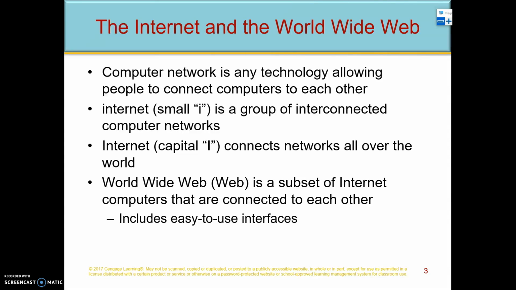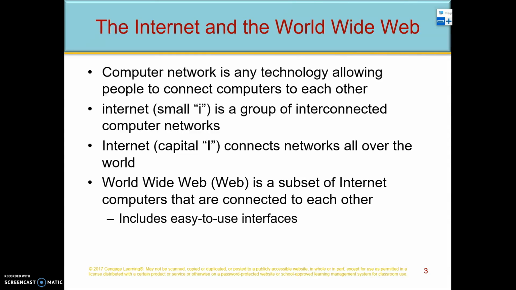A computer network is any technology allowing people to connect computers to each other. So if you're on the internet, you're on the largest network in the world. Internet with a small i is a group of interconnected computer networks, and Internet with a capital I connects networks all over the world.